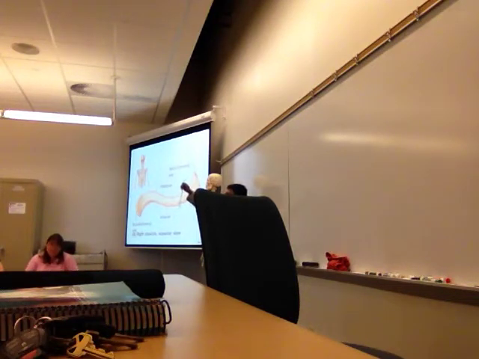Most of the other long bones are placed vertically like this, but this is horizontally placed. Sternal end, this part, is attached to the sternum, and acromial end, this part, is attached to the acromial process of the scapula. This part of the scapula is called the acromial process. That's why this end is called acromial end. Okay?